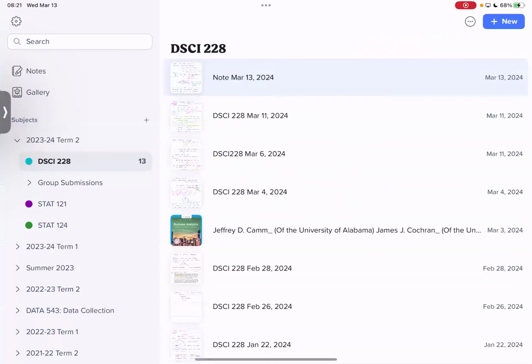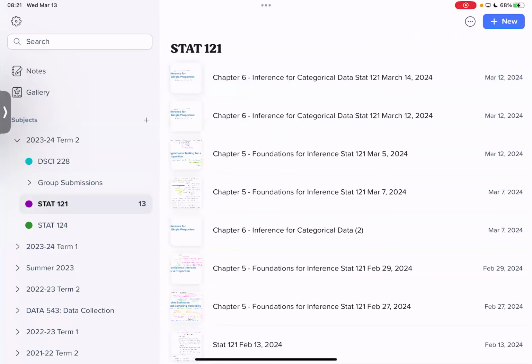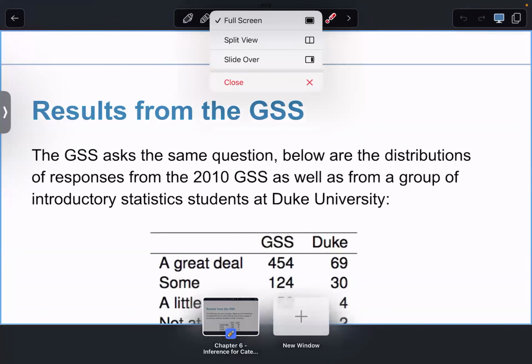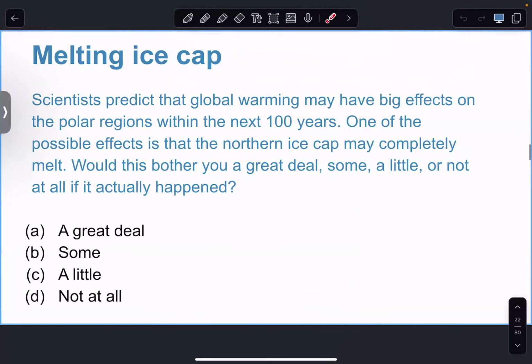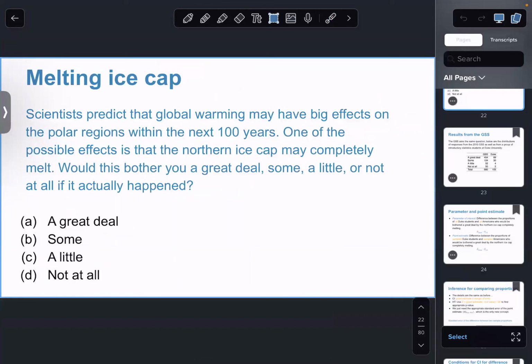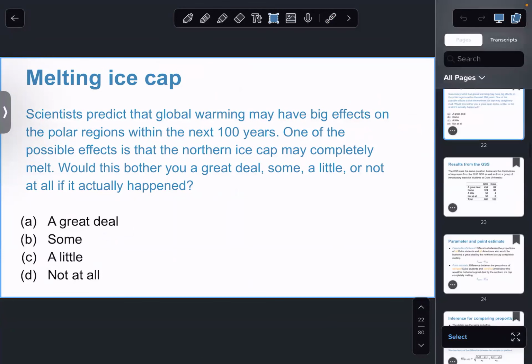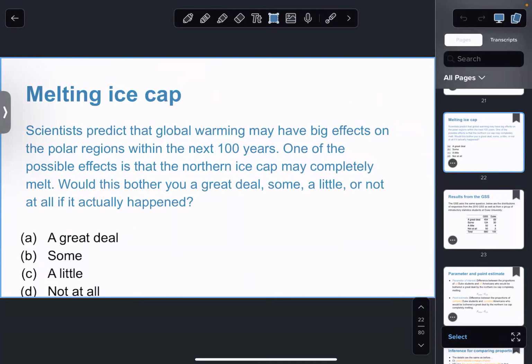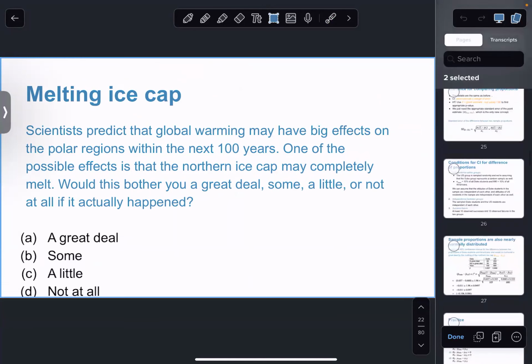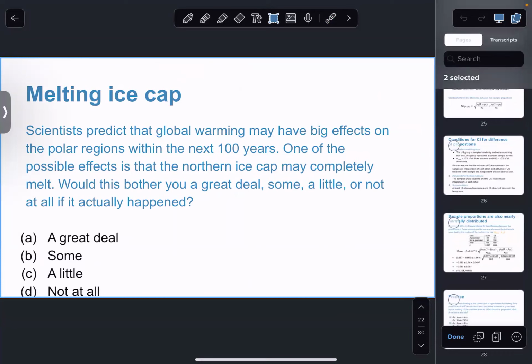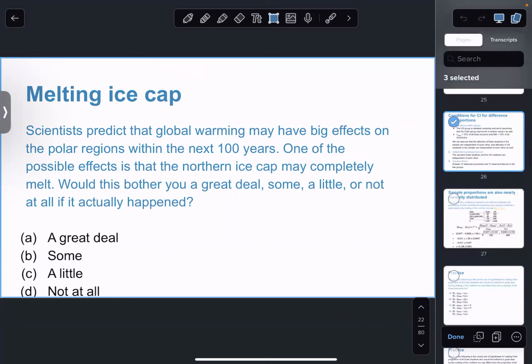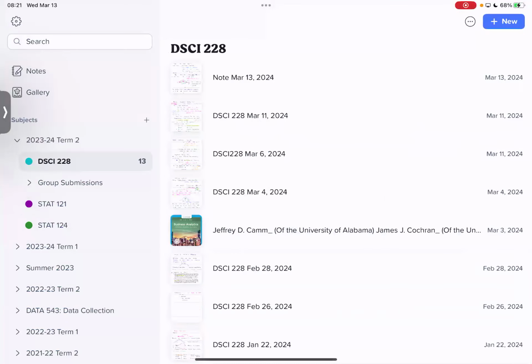Let's do an example. Got one in here that I like. Whoops. I'm going to see if I can just copy, select, and bring those in.